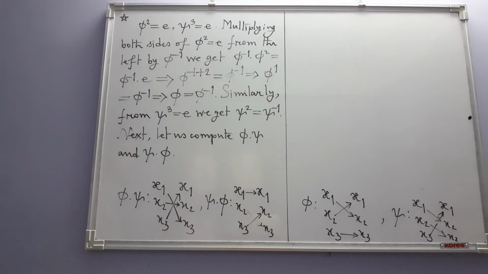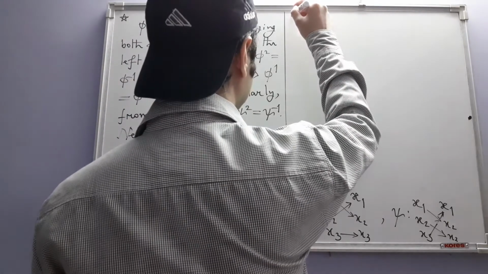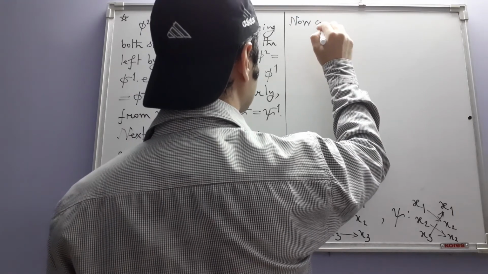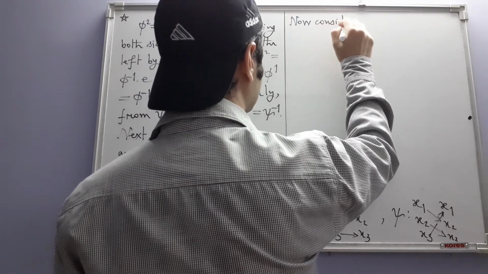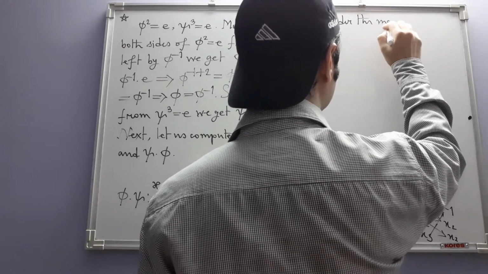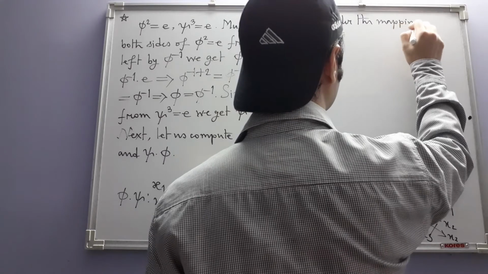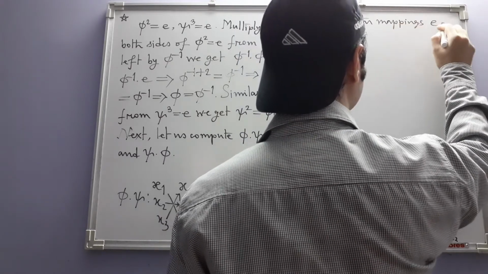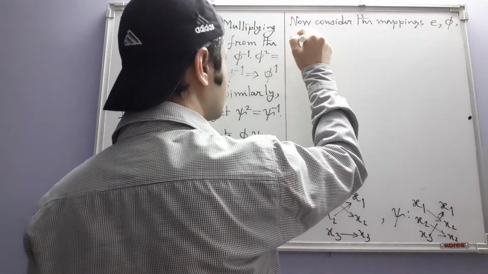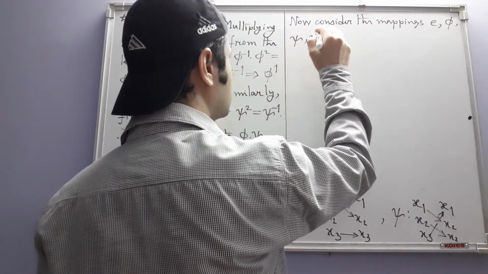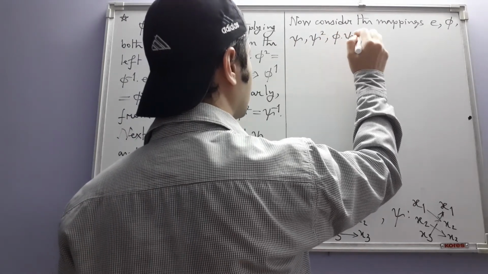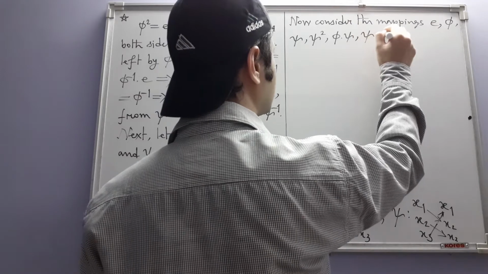Okay. Now consider the mappings identity, phi, psi, psi square, phi dot psi and psi dot phi.